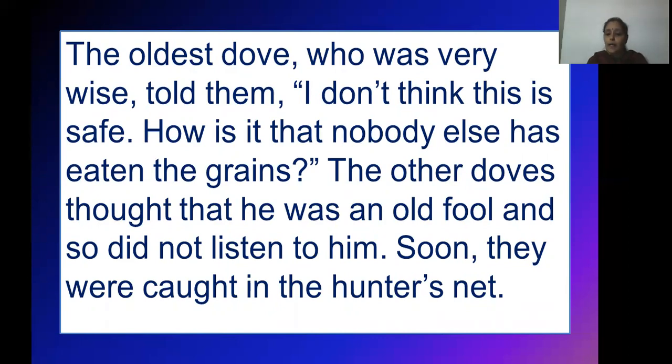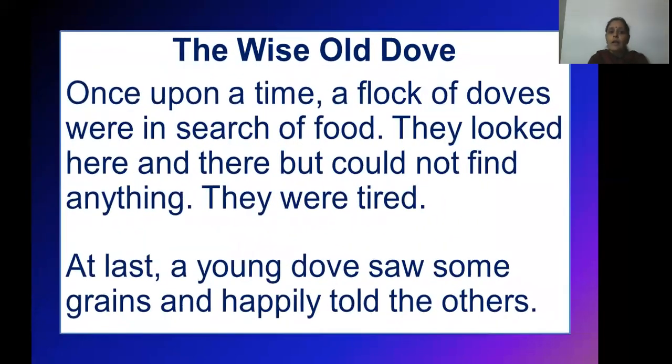So what did we understand till here? Once upon a time, a flock of doves were in search of food. They looked here and there but could not find anything. They were tired. Next para. At last, a young dove saw some grains and happily told the others.